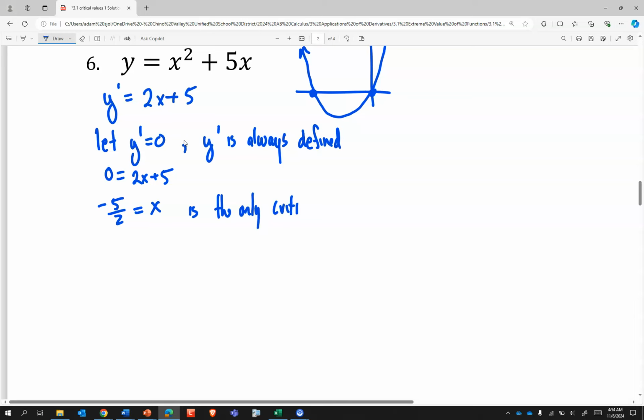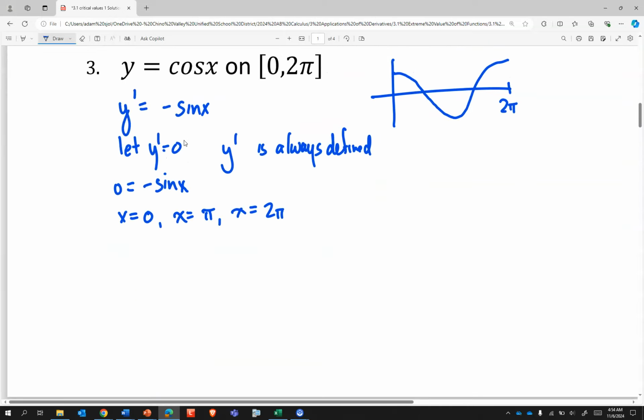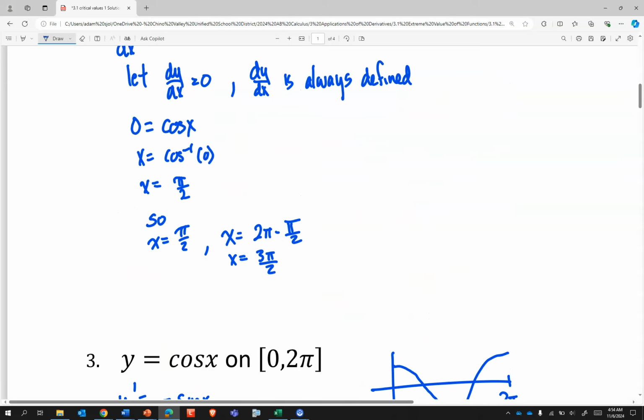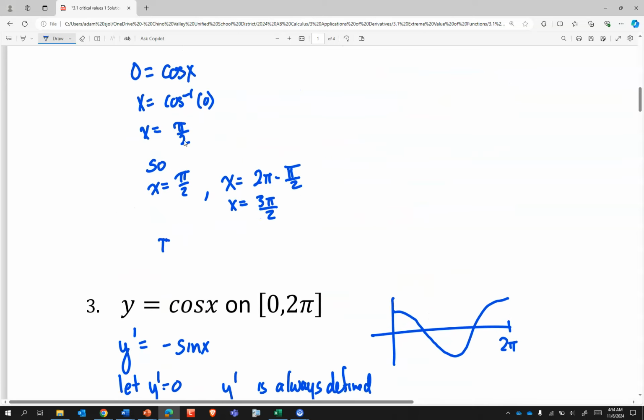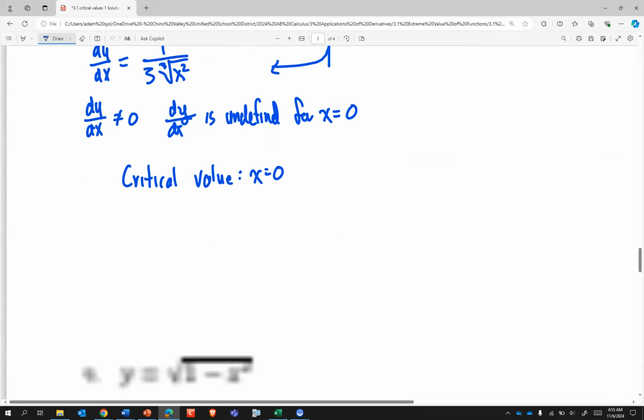Only critical value. So we don't really need to write this in the future because we're just going to use those critical values to do whatever's next. Okay, a couple more.